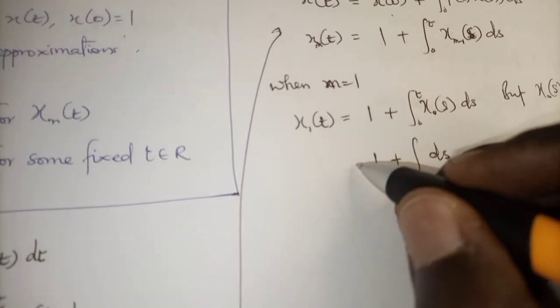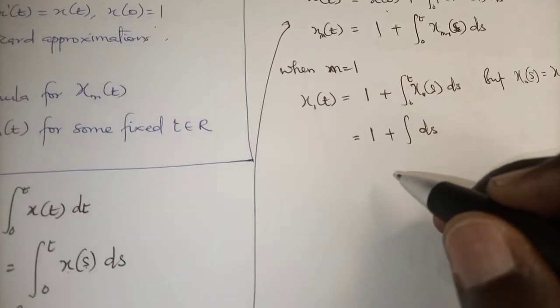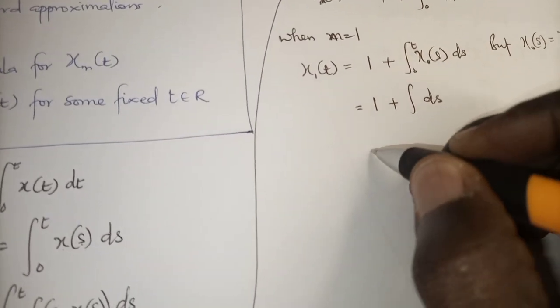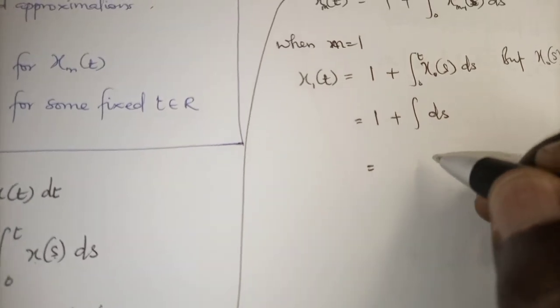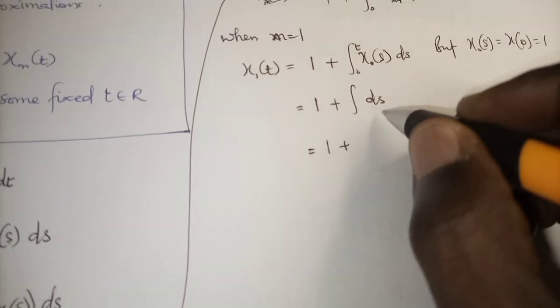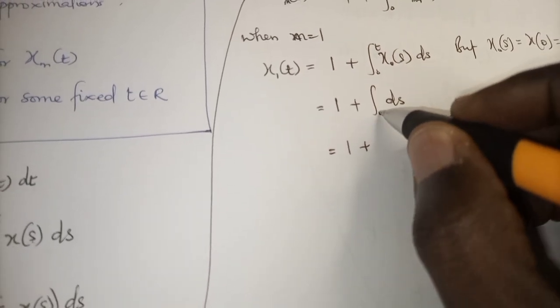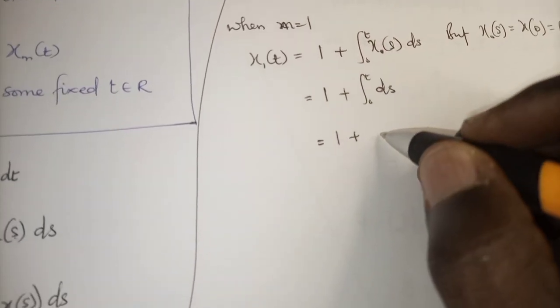Okay, so when we integrate this, we'll have 1 plus the integral of this, which will be s, from 0 to t.